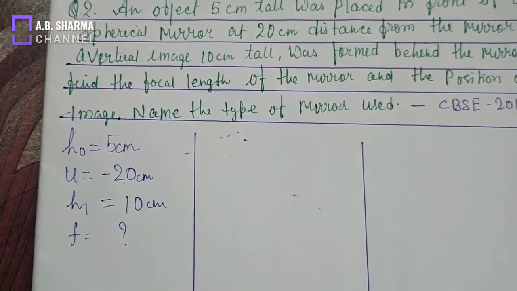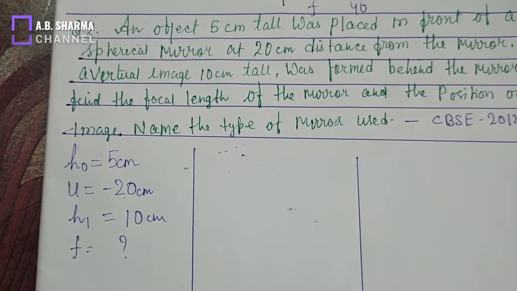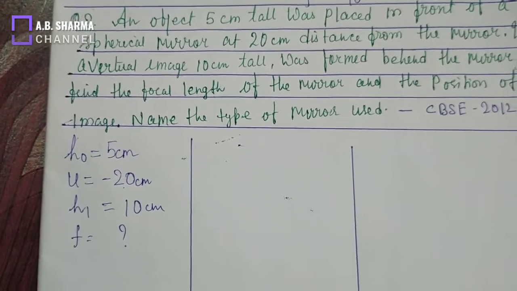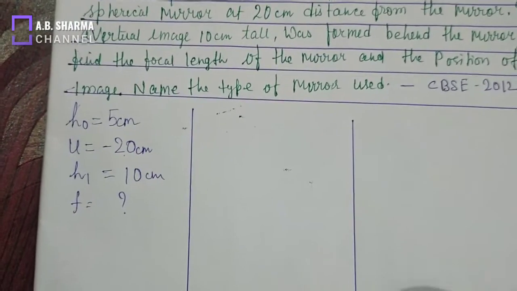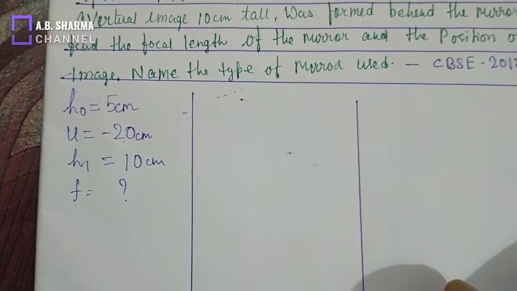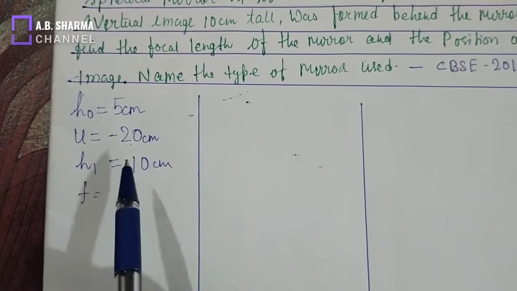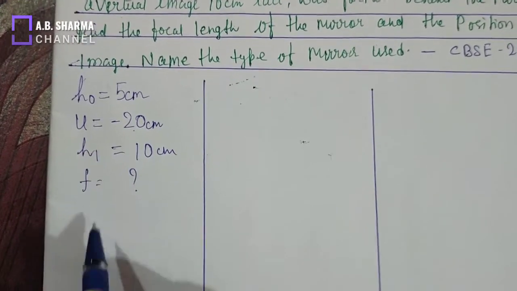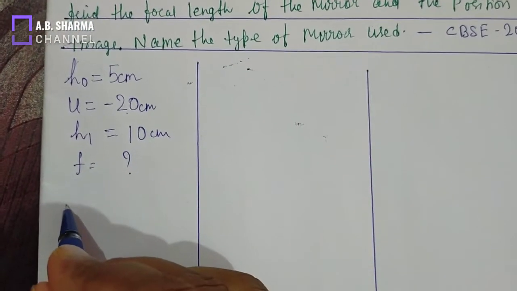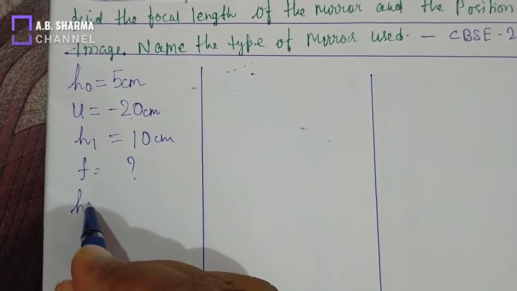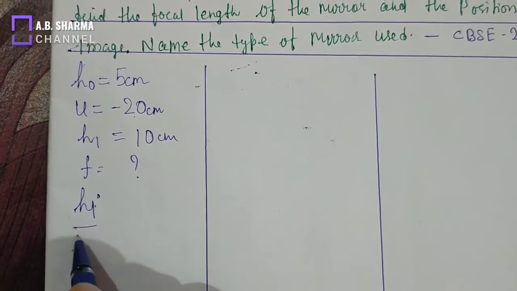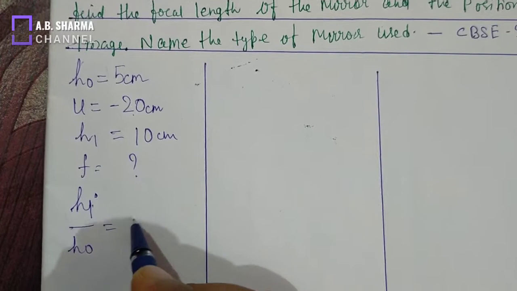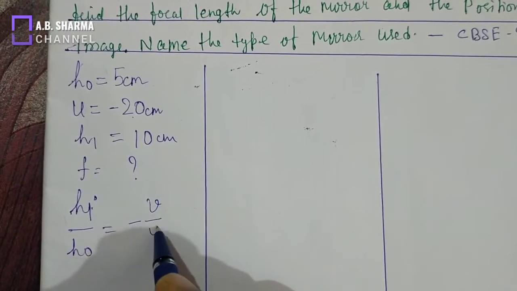But for calculating focal length, we need to have object distance and image distance, but image distance is not there. So we will find image distance using formula of magnification. That is, from the formula of magnification, hi upon ho equals to minus v by u.